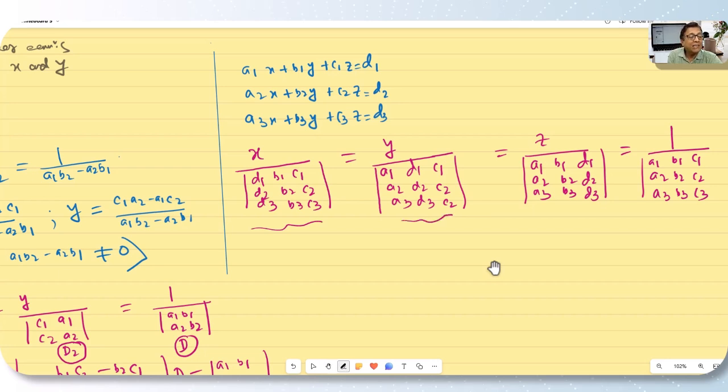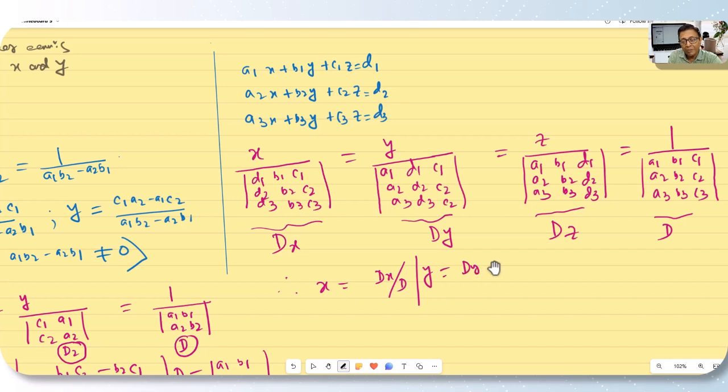I have just extended and manipulated some terms here. These are known as dx, dy, dz and d. Then the value of x will be dx by d, y will be dy by d, and z will be dz by d.